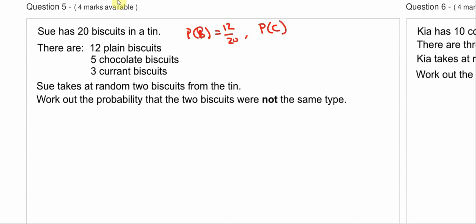Probability of plain, probability of chocolate, and probability of currant. Oh, they've labelled this up horrible. I'll put CH for chocolate and I'll put C for currant. They could have at least called that raisin. 5 out of 20 and then 3 out of 20. I'll put arrows to them.